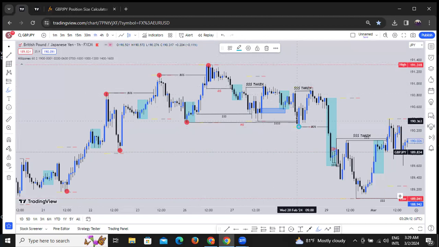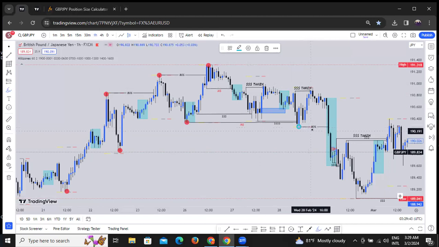It came down, swept this liquidity, took out this low. So yes, the market is definitely about to go down. Then the market went back up, didn't take out this high, respected this recent low drop. So definitely I saw what I needed to see.